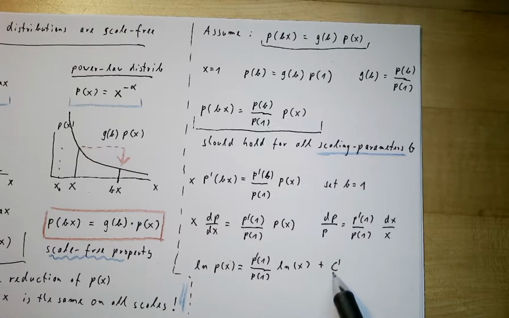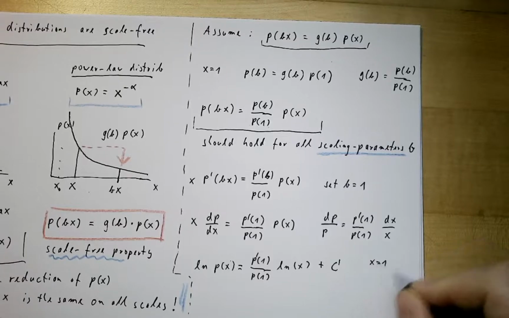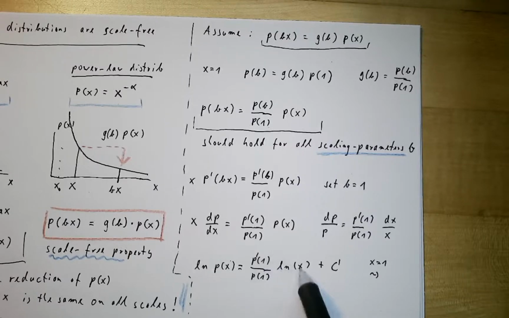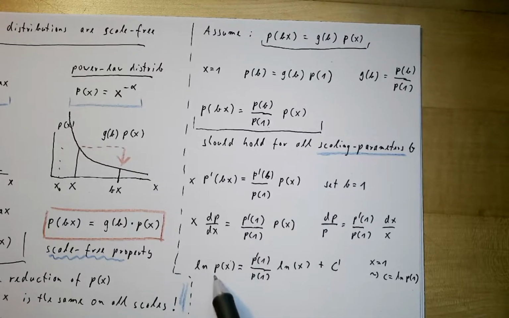And now how do we get the integration constant? If we set x equal 1, then this whole term cancels because logarithm of 1 is 0, and then we see that the constant c is just the logarithm of p of 1. And then we can put this constant in here.